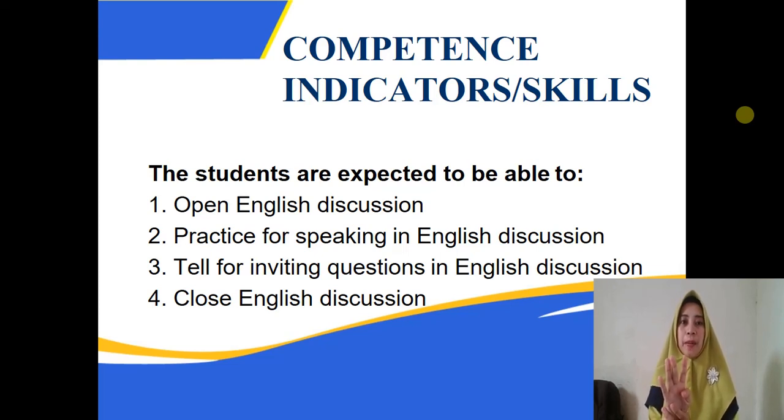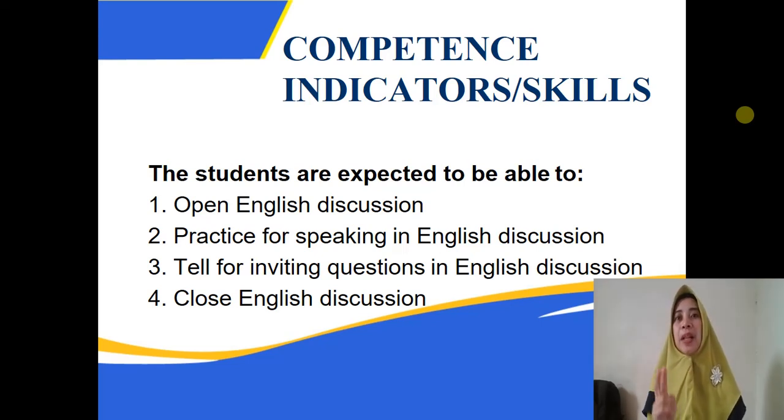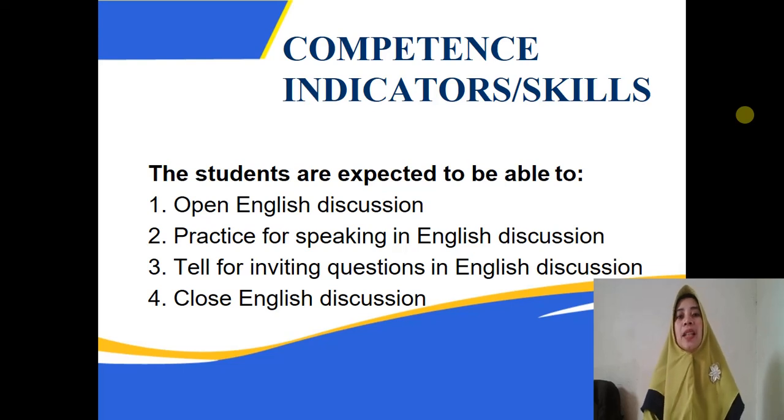Number one, the students are expected to be able to open English discussion. Then number two, at the end of learning, the students are expected to be able to practice speaking in English discussion. The third goal, at the end of learning, the students are expected to tell for inviting questions in an English discussion.